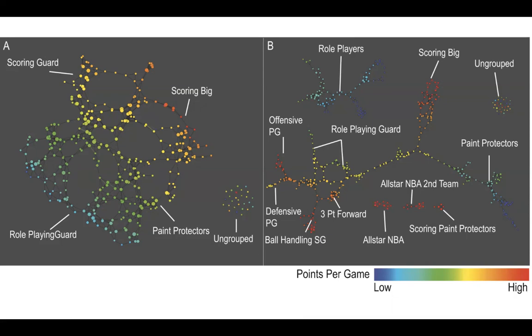And from these networks, we see a much different structure than the 5 traditional categories of positions we mentioned. As we can see on the higher resolution graph, we can see a finer stratification of guards into 3 groups. So instead of just a point guard and a shooting guard, we have offensive point guard, defensive point guard, and ball handling shooting guard, also a role playing guard.